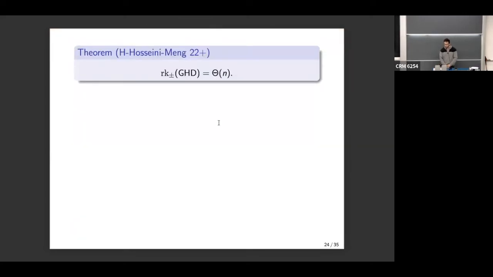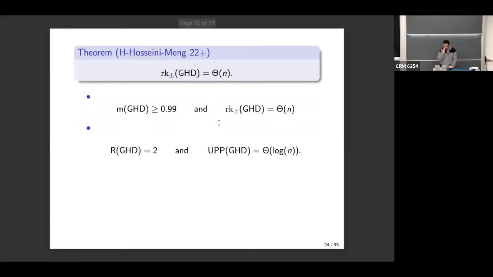Okay, so this is what we proved. We proved quite a sharp bound: the psi rank is actually linear in n. We have the upper bound of n, and we can prove a lower bound of some constant times n. So at least for partial functions, this solves those problems. We have something that has large margin, margin is 0.99, and psi rank is theta of n. Randomized is 2, but UPP is theta of log n.